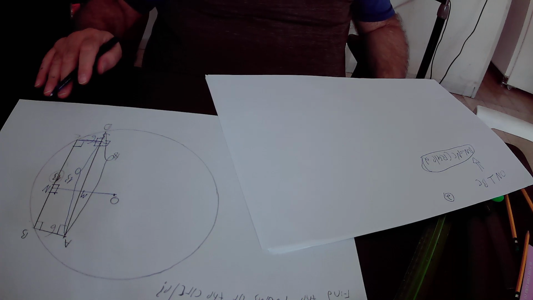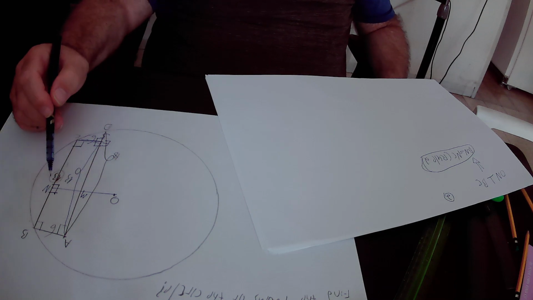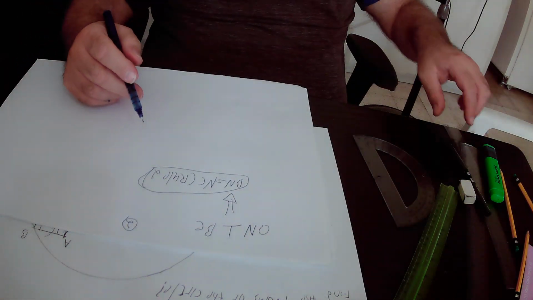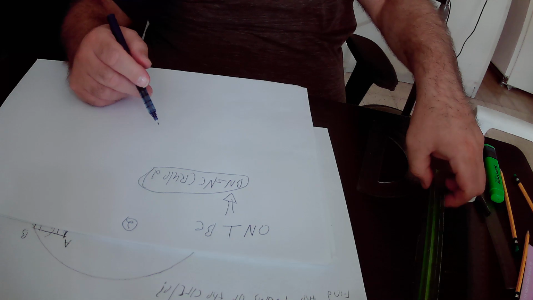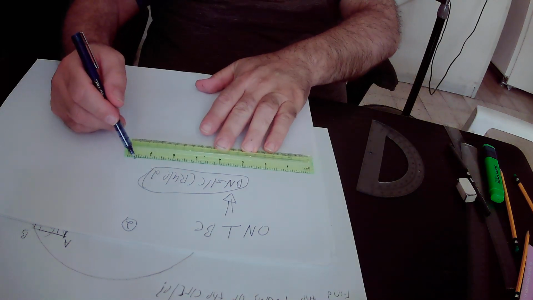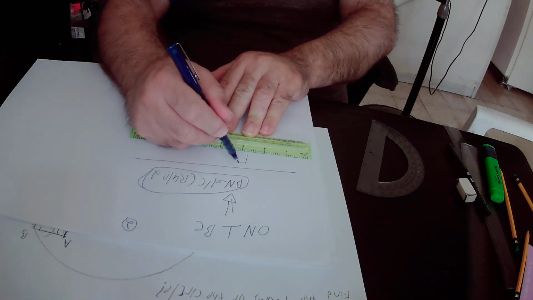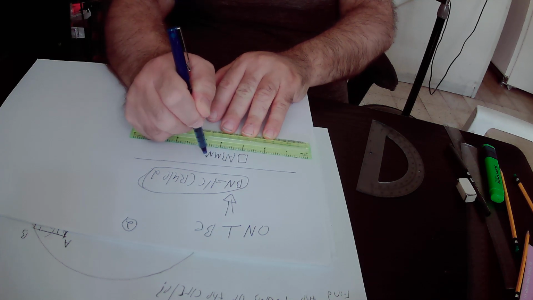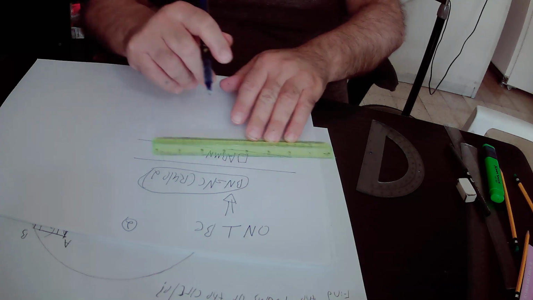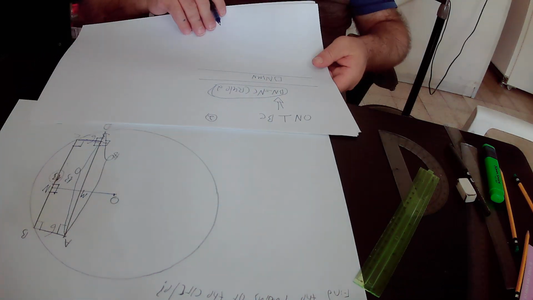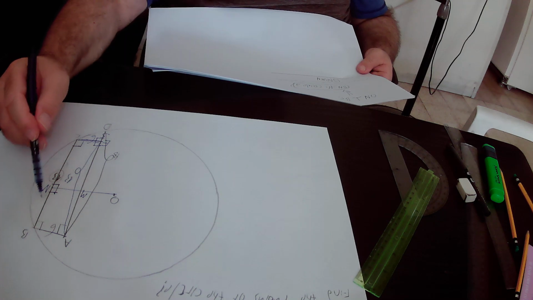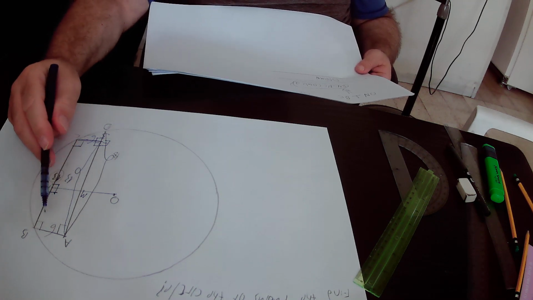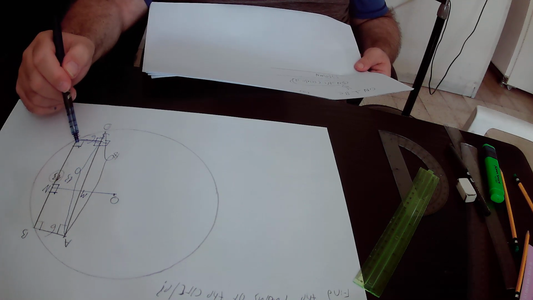In the next step, we'll focus on quadrilateral ABMN. In this quadrilateral, we have 1, 2, 3 right angles.